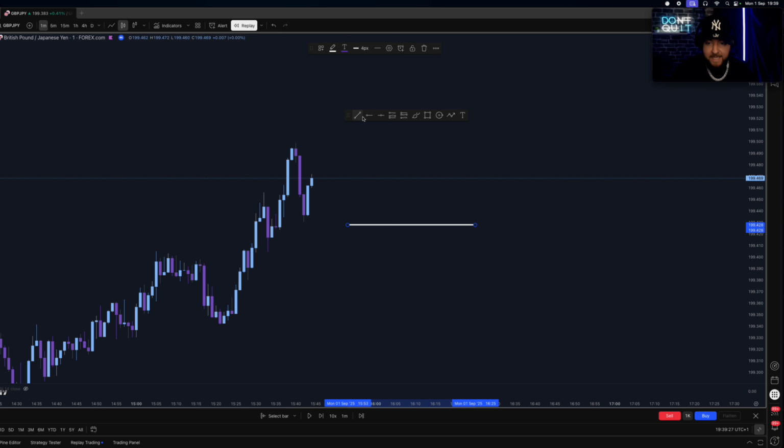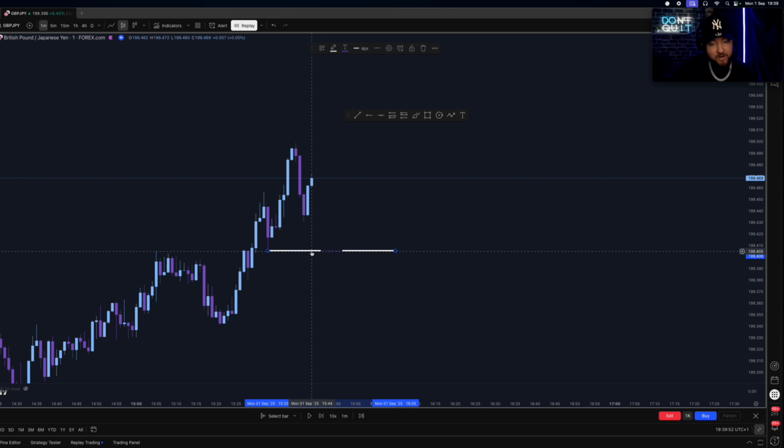Because, like it or not, this tiny little worthless purple candle there is actually structure. I put my breakout lines on the candle bodies. There's times I'll put them on the wicks, and I'll let you know. But you could put it there, or you could put it there, and you wouldn't be wrong.